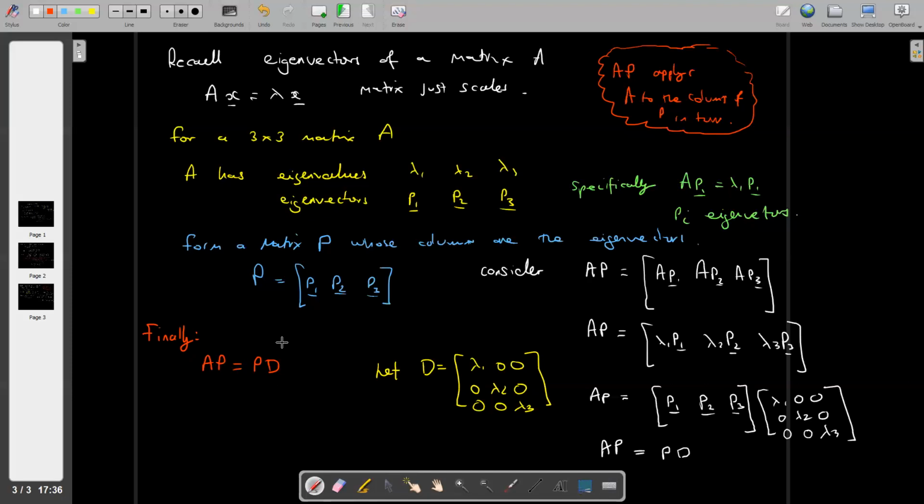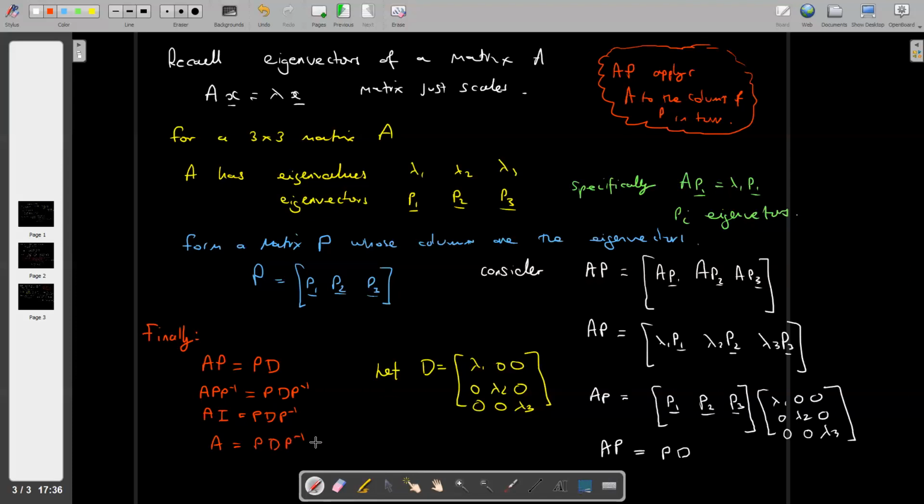Now I've assumed that P has an inverse, and we'll talk maybe a little bit about that afterwards. So we right multiply by P inverse, and we end up with AP P inverse equals PD P inverse. But P times P inverse is precisely the identity matrix I. So we have A I equals PD P inverse. But if I apply the identity matrix to any matrix, I get back out the matrix that I wanted.